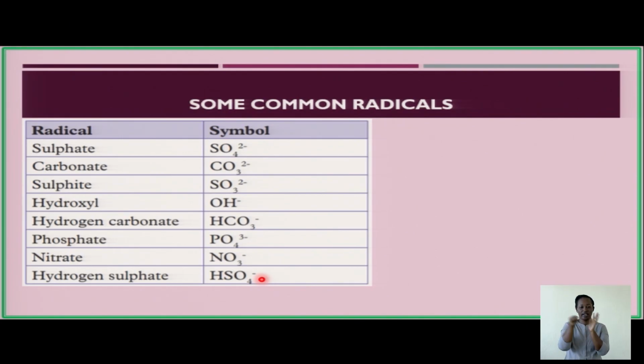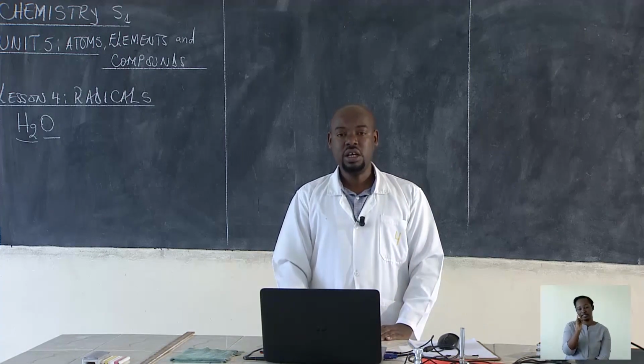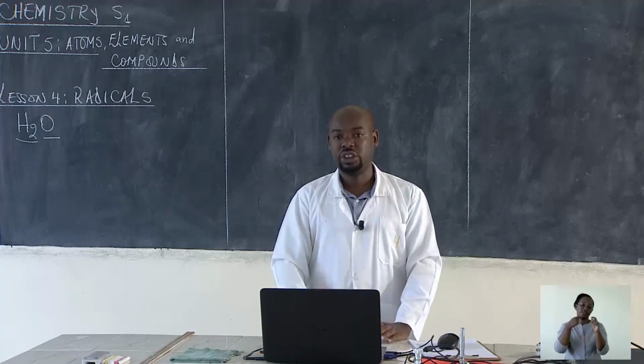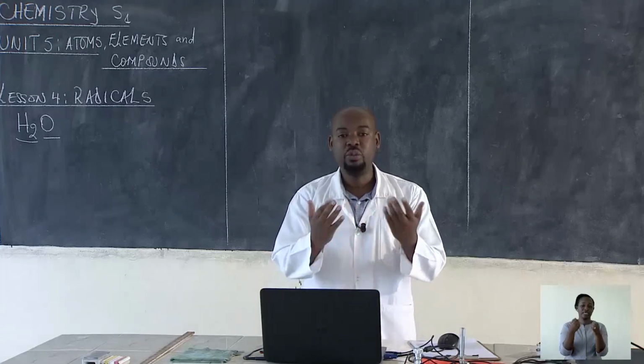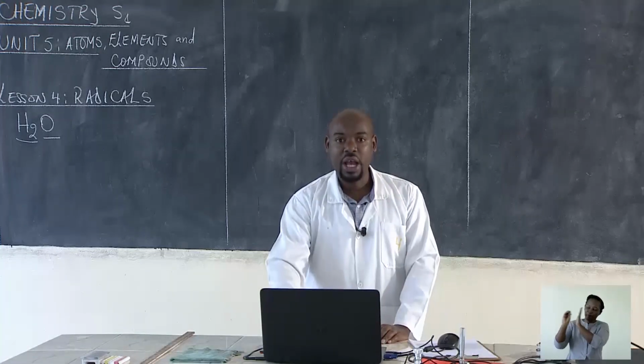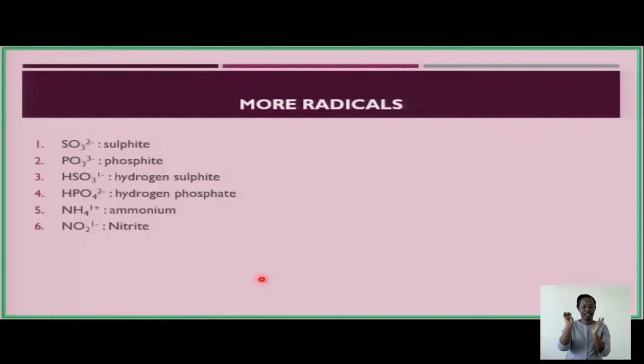So these are some of the common radicals. But here, what I can tell you is that I have not exhausted the list. We have more examples, and more examples can be seen here on this slide.